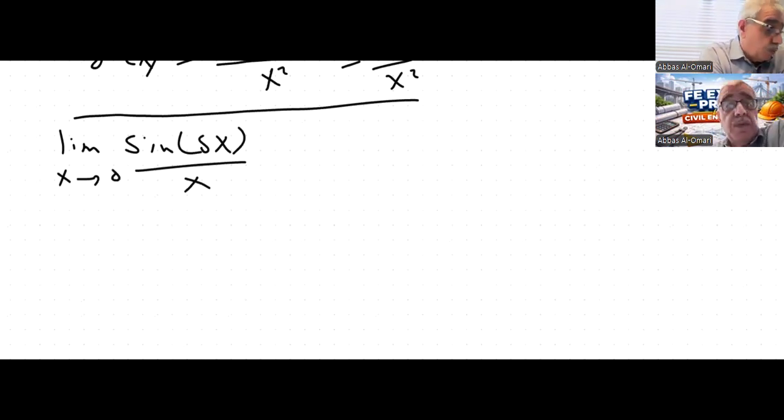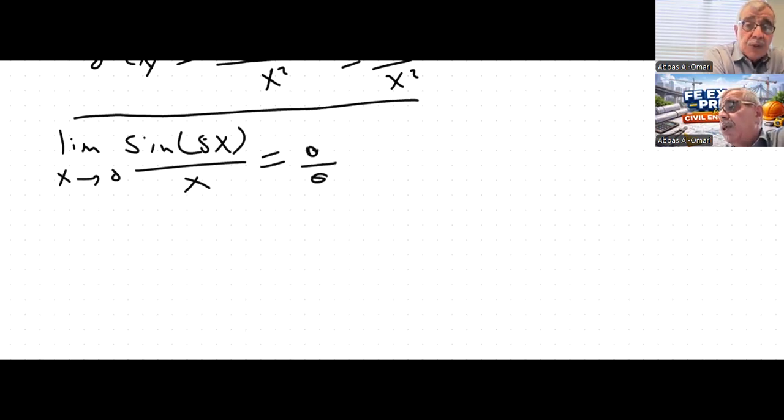Now we substitute the value of x and we see what we get. Sine 5x, 5 times 0, sine 0 is 0, divided by 0. So this is 0 over 0, undetermined.